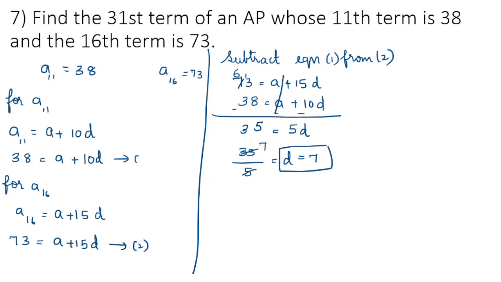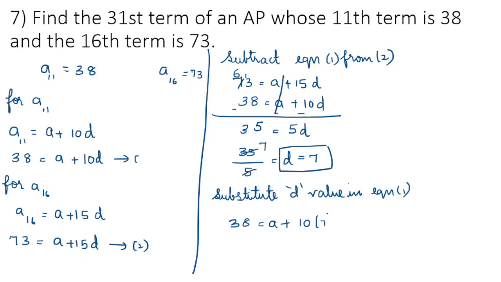Now we need to find A. So substitute the D value in equation 1. Equation 1: 38 is equal to A plus 10 into 7.